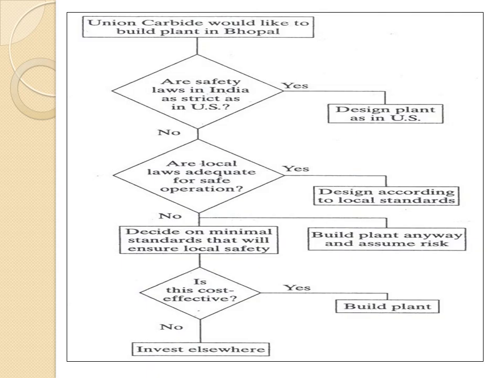If they say yes, it will be profitable, then they would say okay, go ahead and build the plant. If they say no, then the answer from this flow chart will be that instead of investing in Bhopal, invest elsewhere. So this flow chart has helped them reach the decision in multiple steps.